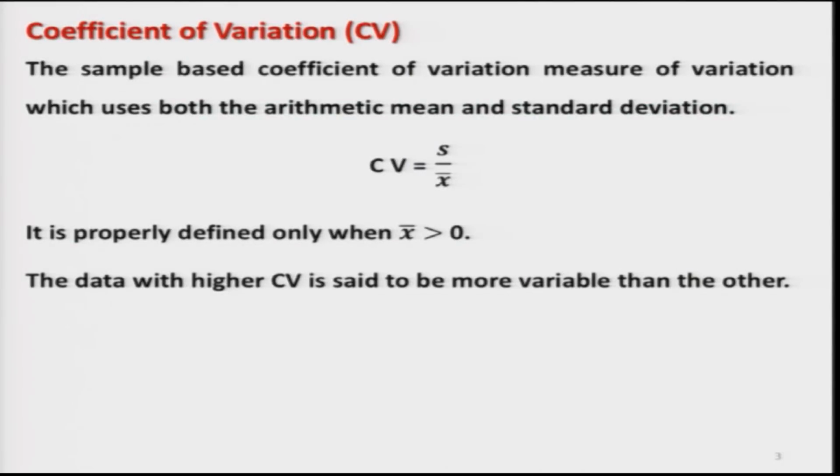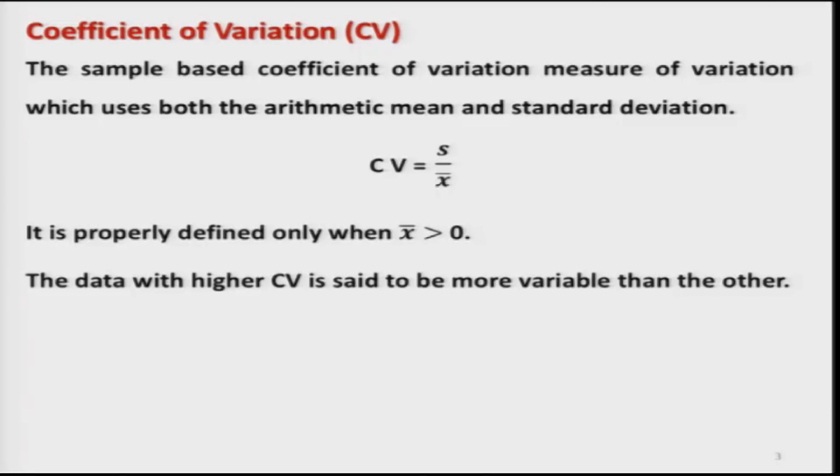Now, the definition of coefficient of variation. As we had discussed in the earlier lecture in the case of variance, the variance can be for the entire population, which is usually unknown, or the variance can be for the sample, that is called the sample variance, which is computed.